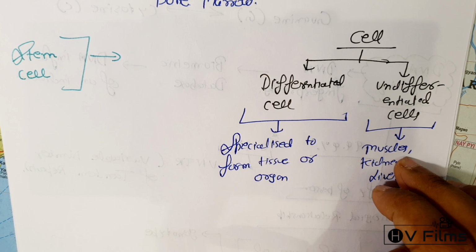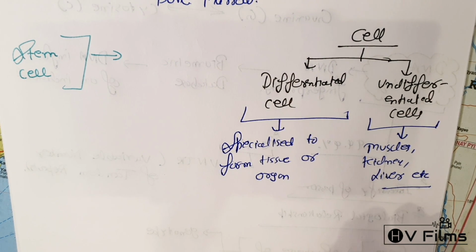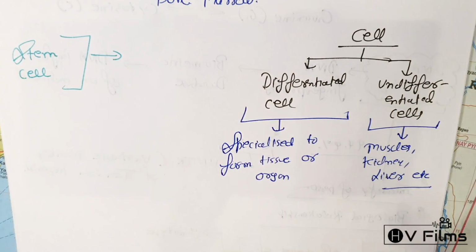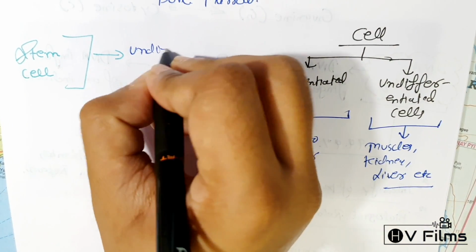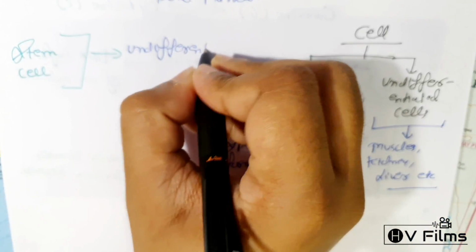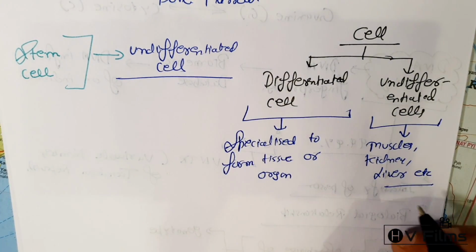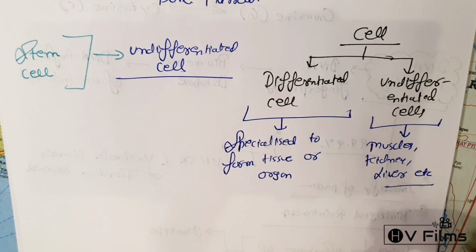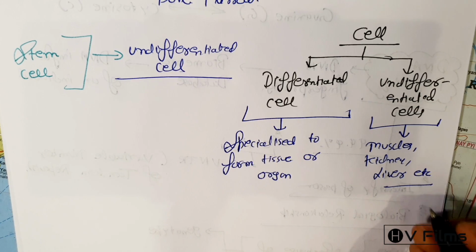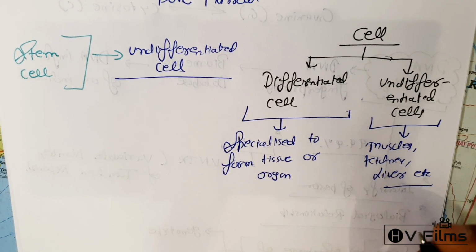Now, stem cells are undifferentiated cells. In layman's terms, this means they can be found in muscles, the kidney, the liver, hearts, lungs, brains, anywhere. So this is what undifferentiated cells are, and this is what stem cells are.